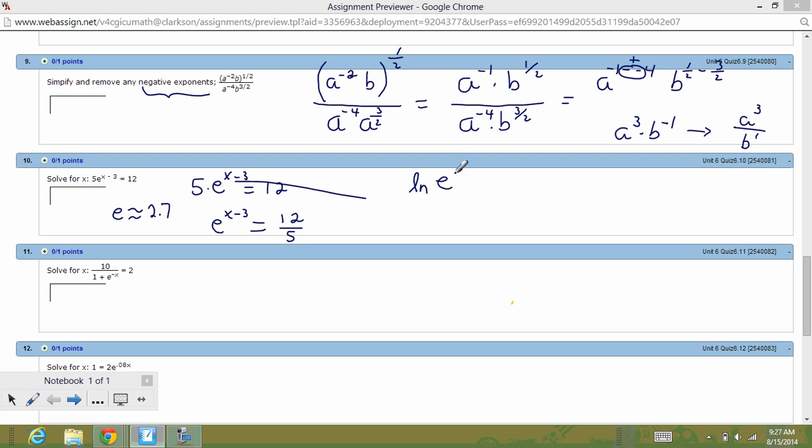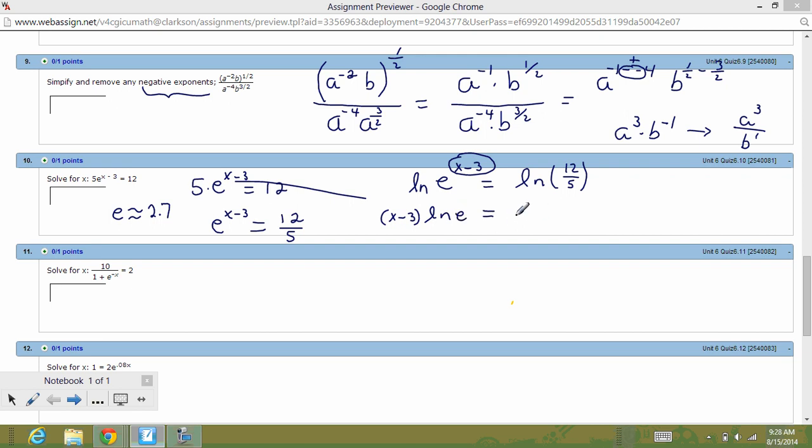So e to the x minus 3, and doing the same thing on the other side, using natural log of 12/5. And then the log of a to the b power, right? So I'm allowed to bring that quantity x minus 3 and multiply it times the natural log of e.